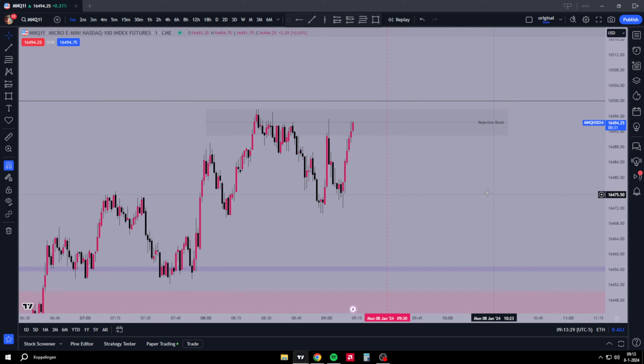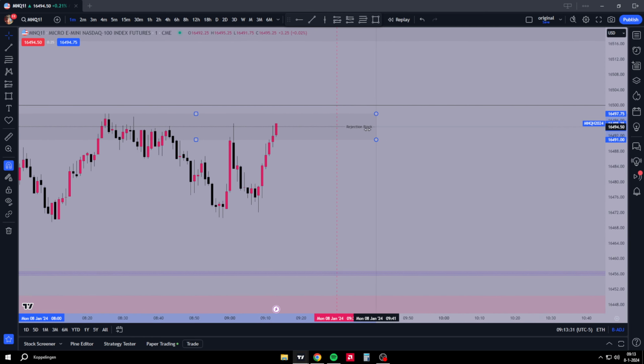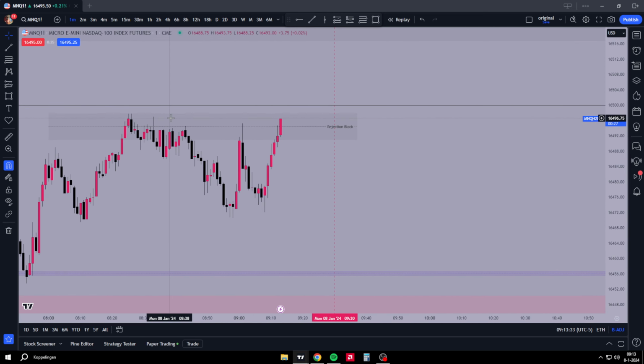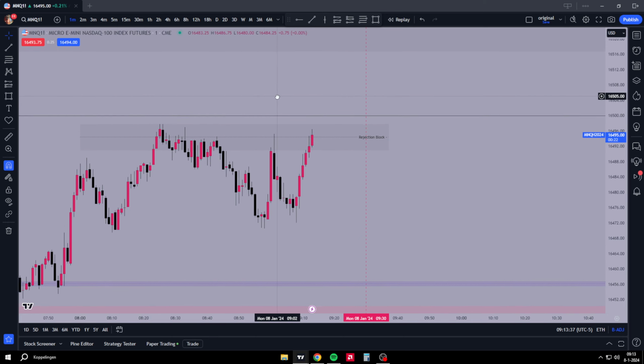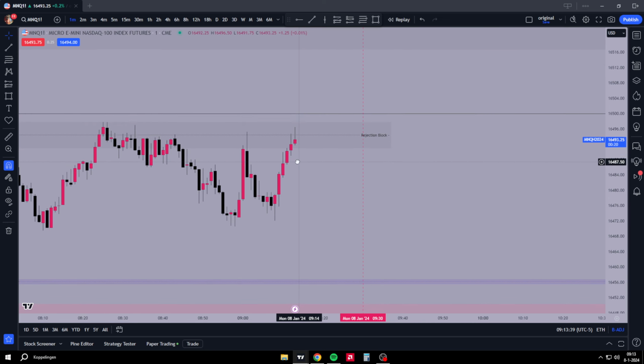Alright, see what we do. Hopefully we respect consequent encroachment here. If we don't, then if we take this high, we're definitely going to take this high as well. It's like no in between.